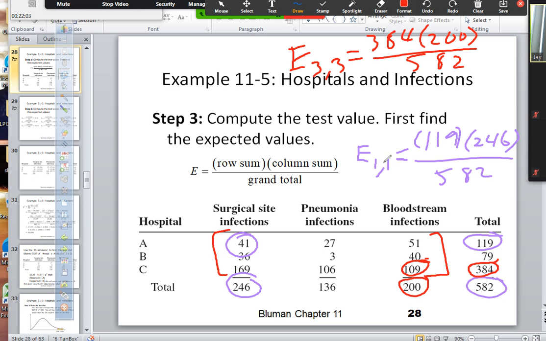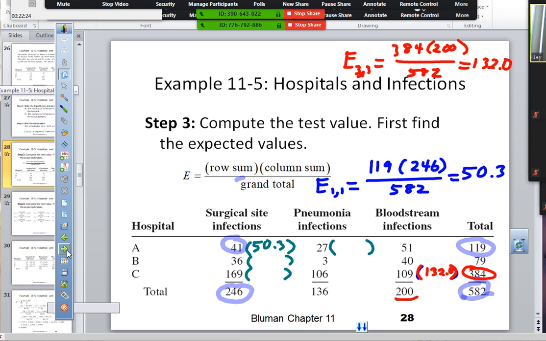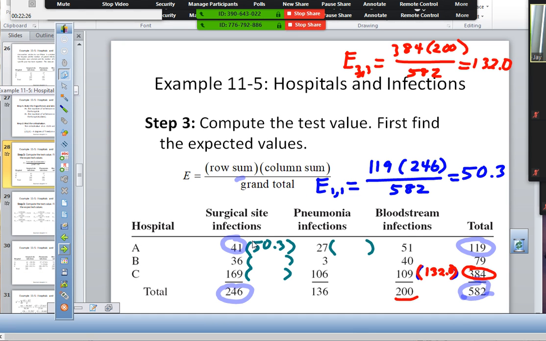You have to find it for the first and the last. My first time I taught this, I made students find all 9 of them, and then do all the calculations by hand. Obviously, things have changed since then. I've been convinced that that is not necessary. So you guys do not have to do that. But you do have to find the first and the last. Only the first and the last.